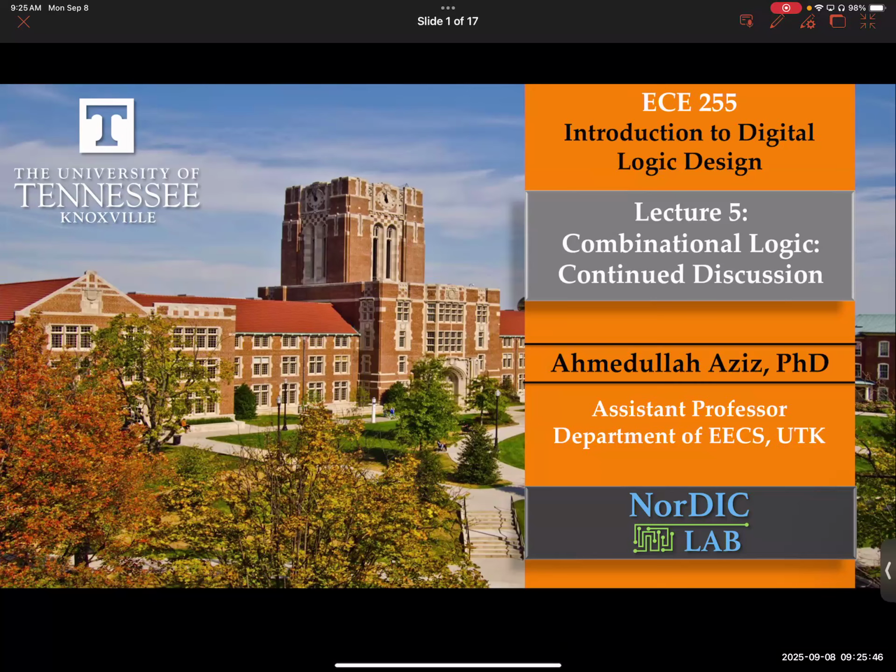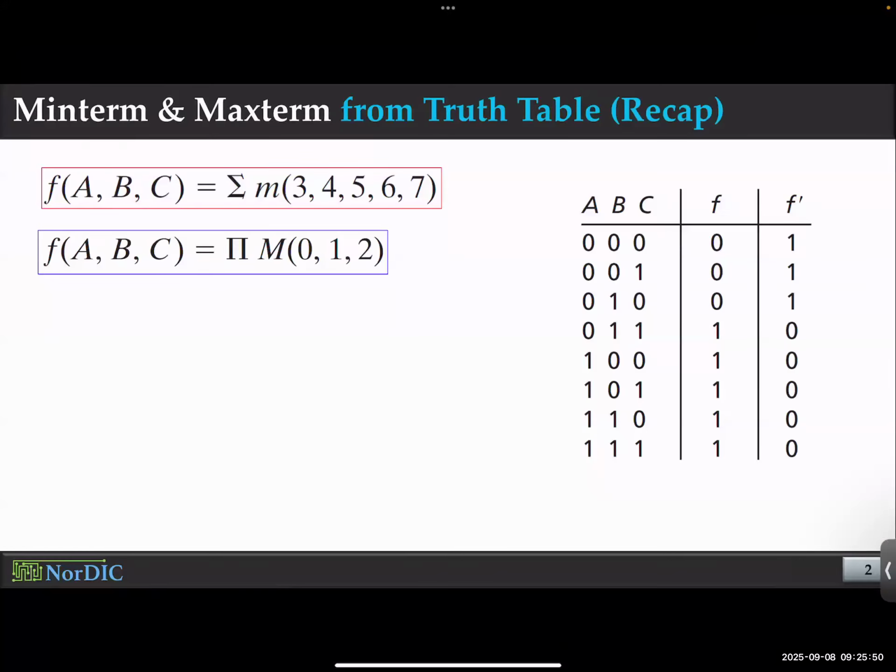All right, so combinational logic, and we are continuing our discussion. I just realized that I'd never even mentioned, I mean, it's probably obvious, but still, I should mention what a combinational logic is, because there are other kinds. There is a different kind of logic, which is known as sequential logic, but we'll talk about it later. Combinational logic is a logic whose output depends only on the combination of the inputs, and it doesn't depend on the history.